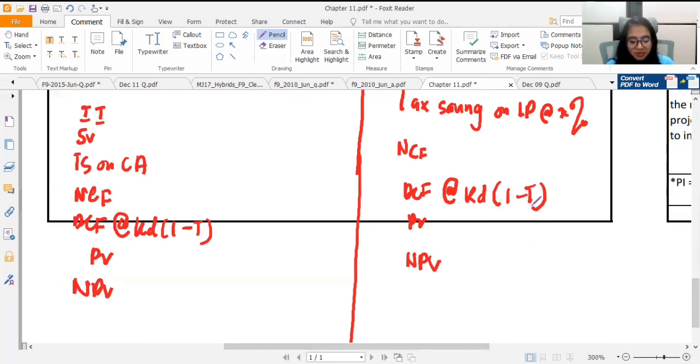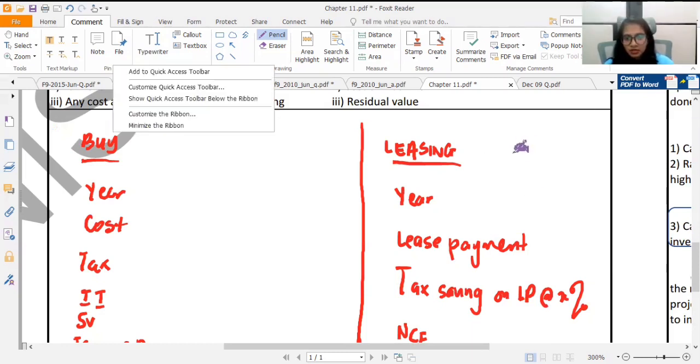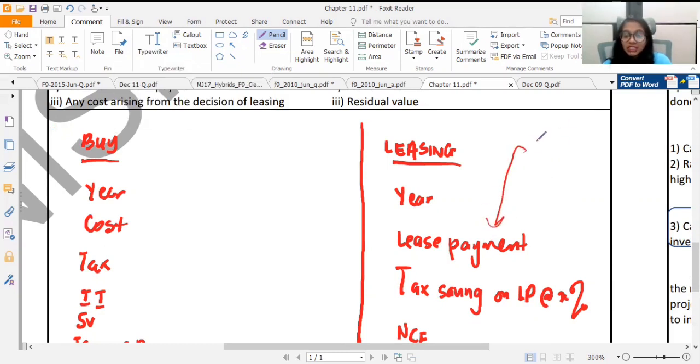So guys, please be aware when you do this, you need to be aware of the timing of cash flow, because normally your examiner will say lease payment is paid at the beginning of the year.